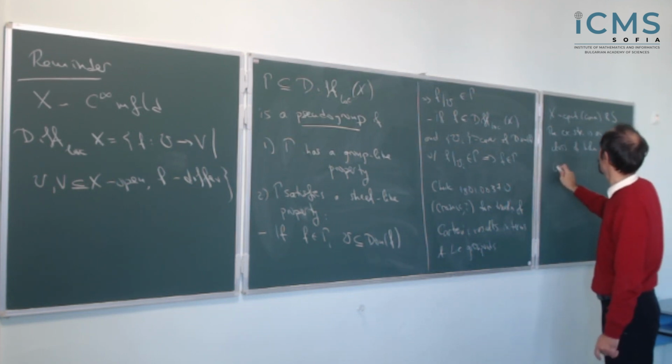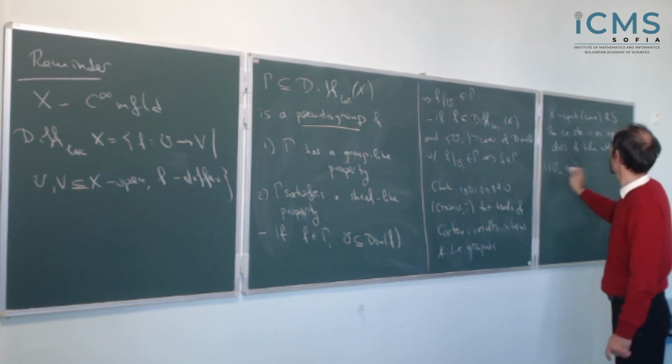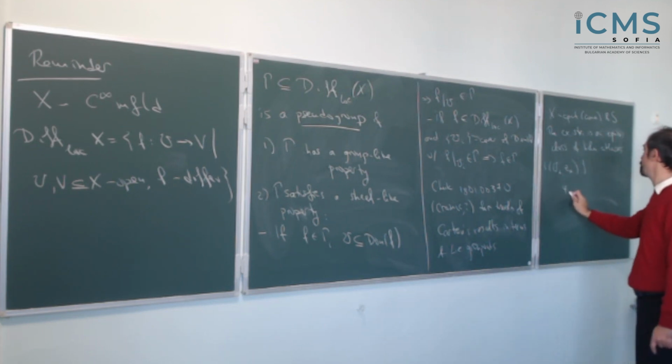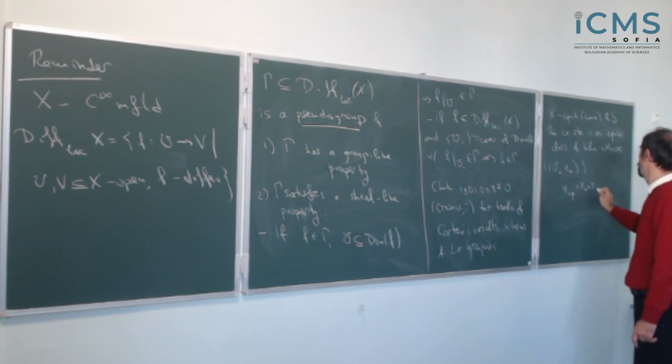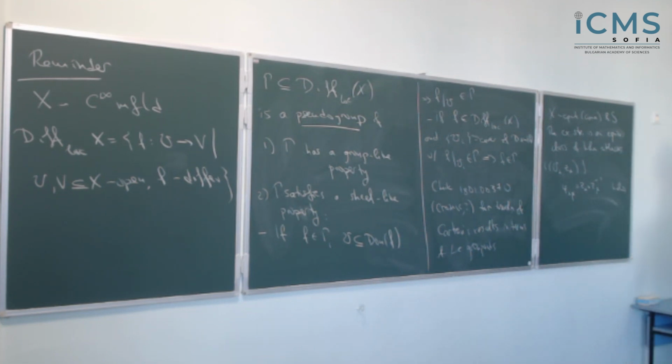Let's say (U_alpha, z_alpha). Right? So your functions phi_alpha_beta are holomorphic. Now, the equivalence is the union of two holomorphic atlases, again a holomorphic atlas. Right?